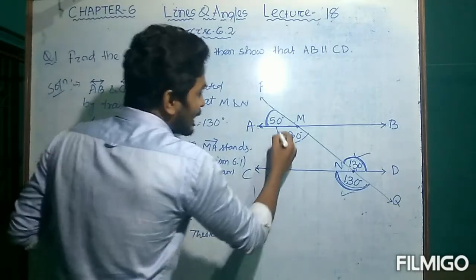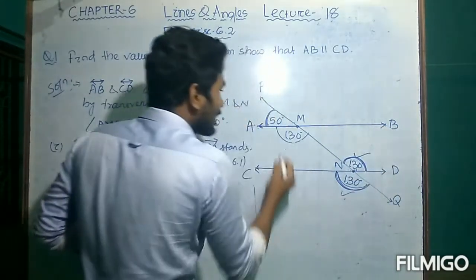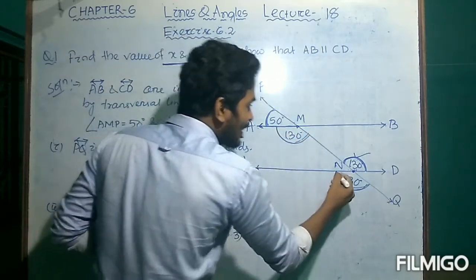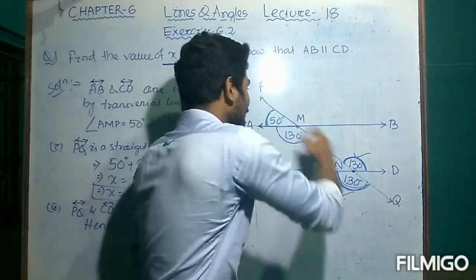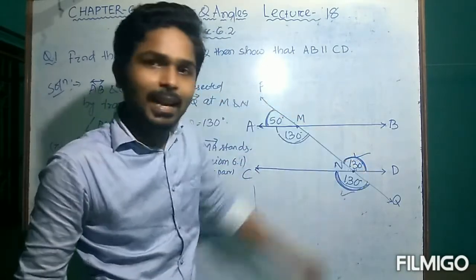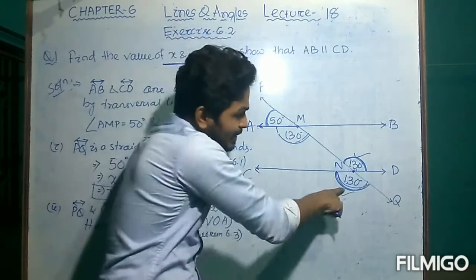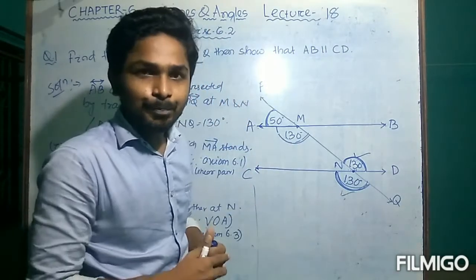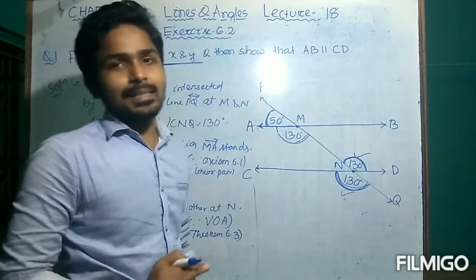Whenever this transversal line intersects these two lines, this angle and this angle are corresponding angles. See, these two angles lie on the same side of the transversal line, this angle lies on the interior side, this angle lies on the exterior side. Third condition, these two are not adjacent, they are non-adjacent.